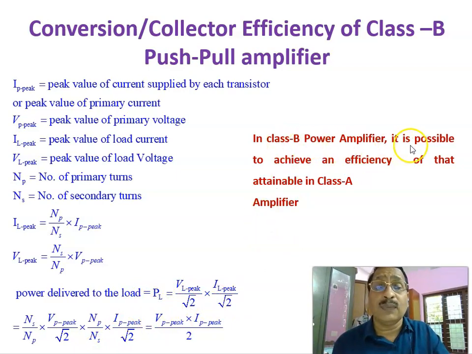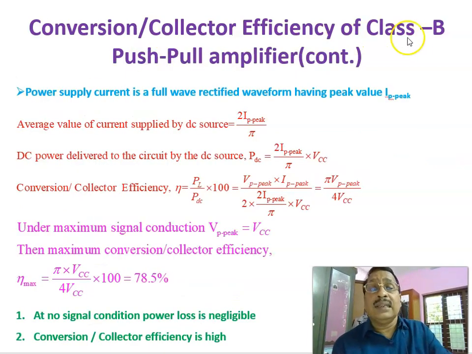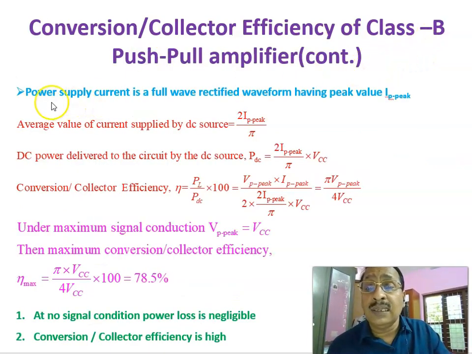In a class B power amplifier, it is possible to achieve an efficiency more than that attainable in a class A amplifier. That is, the conversion efficiency is more than that of the class A power amplifier. Now what we have calculated is the AC power delivered to the load. Now let us see in the next slide the DC power supplied from the DC source, for the conversion or collector efficiency of the class B push pull amplifier.